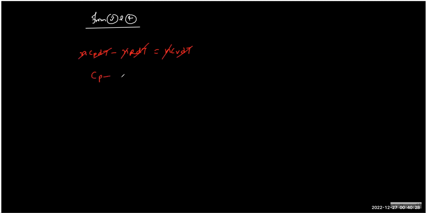And you get the famous version Cp minus R equals to Cv, which means Cp minus Cv equals to constant R, right? This is called Mayer's relation. Is this clear? So now Cp minus Cv is R.